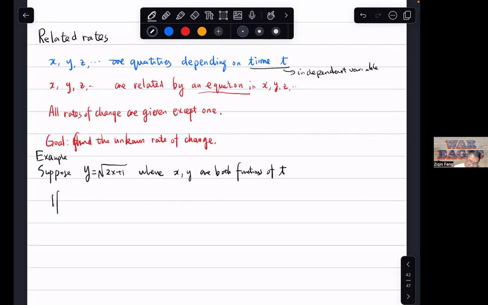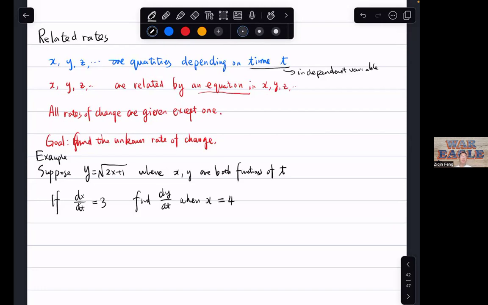If dx over dt is given, which is 3, we want to find dy over dt when x is 4.